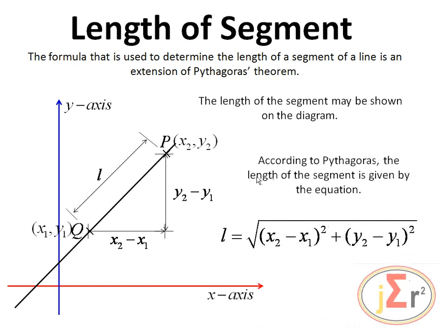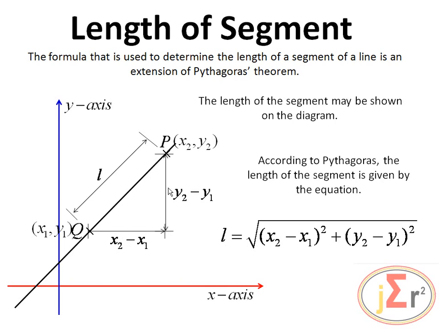According to Pythagoras, the length of the segment is given by the equation L is equal to what? See, don't forget this. This is your x movement, x2 minus x1, and this is your y movement, y2 minus y1.